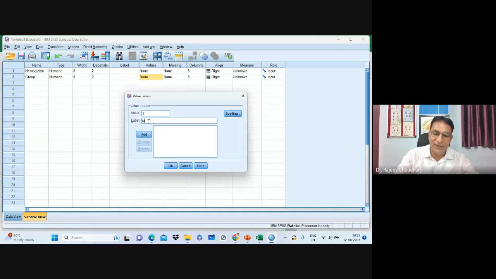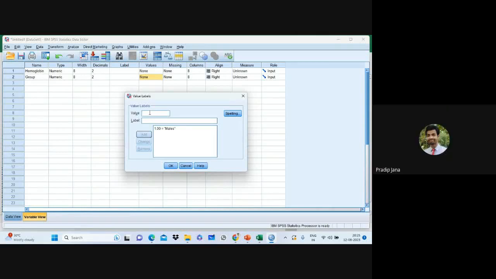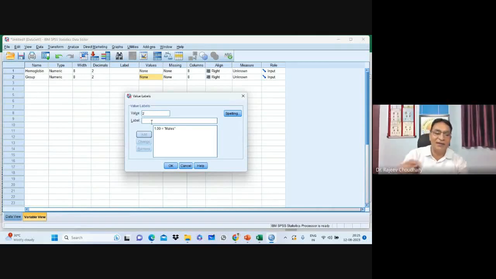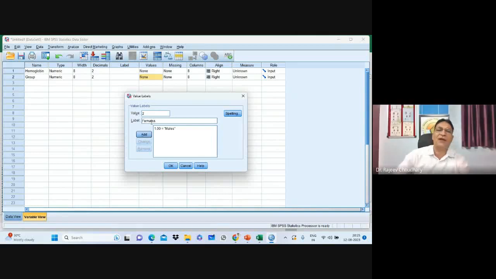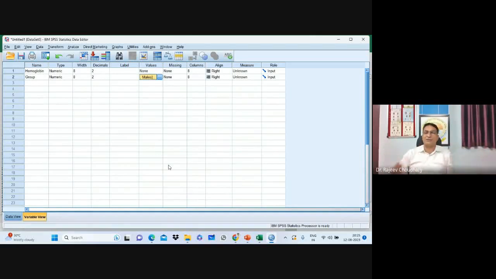Write down males and click on add. Then value 2, label females. Write down females, click on add, and click on OK. Now data entry is complete. Now you may write down the command to analyze.